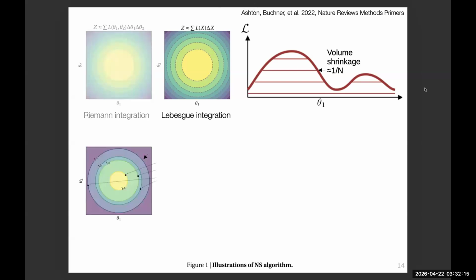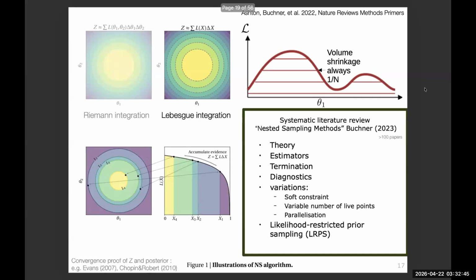Okay, and so how does nested sampling do it? Well, we have a population of live points. We throw them into the prior space, and they're randomly distributed in the prior space. Some might land far out and have very low likelihood, and some might lie further in. And then what we're doing is we remove the one with the lowest likelihood.